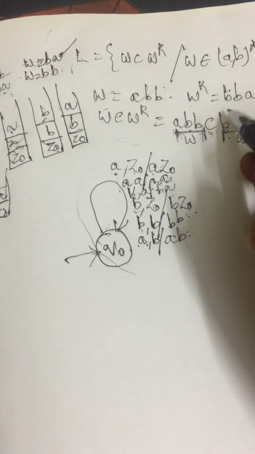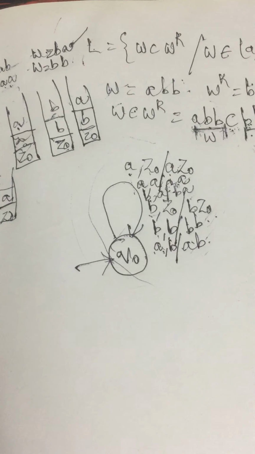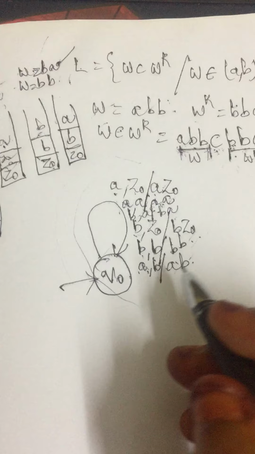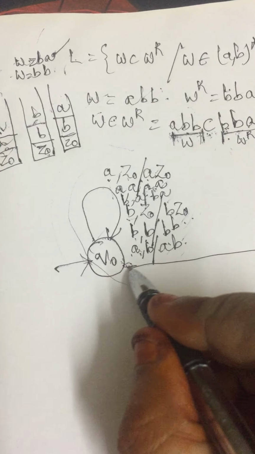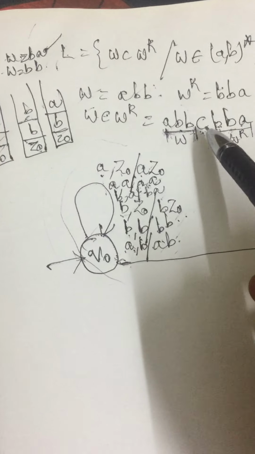Whenever C appears, we are just going to skip it. That means we are neither going to perform push operation nor pop operation. When C appears, we are going to change the state also because the input alphabet has changed.